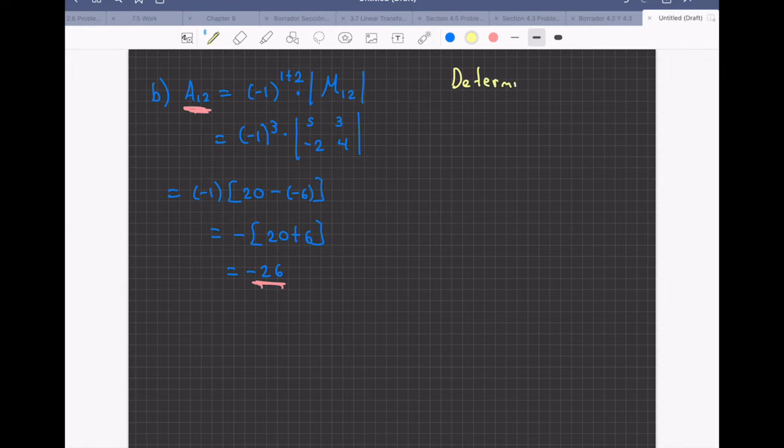Determinant of a matrix with size n by n. And the definition is, let A be a matrix with size n by n.